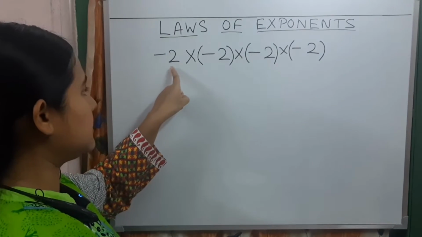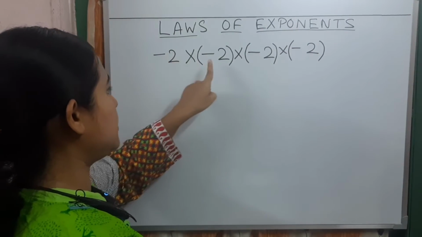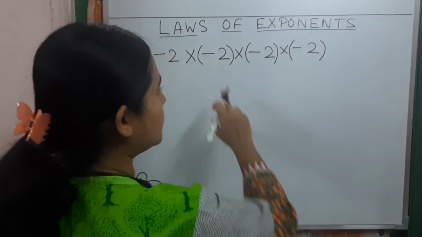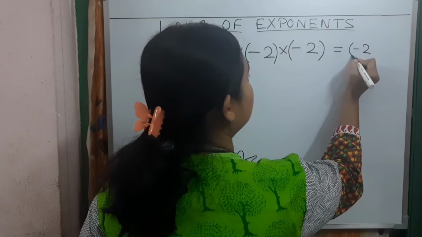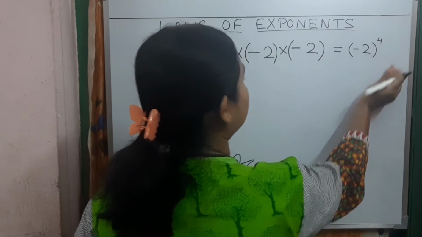Since it's the same number 4 times, 1, 2, 3, 4, we can write it like minus 2 whole to the power 4.